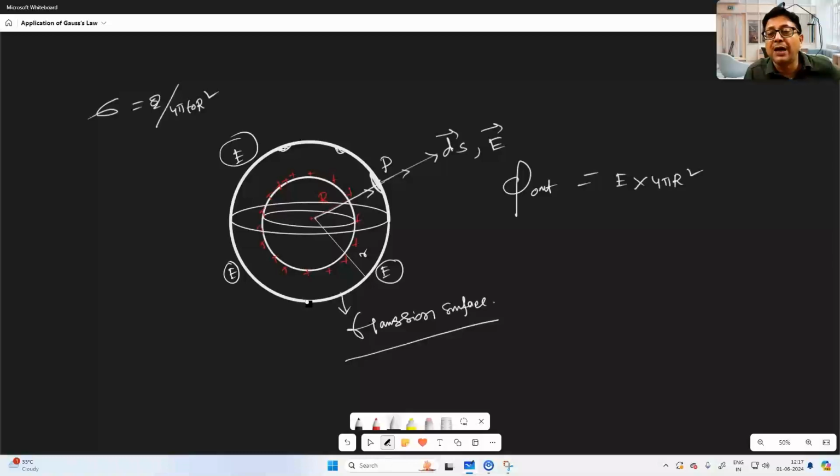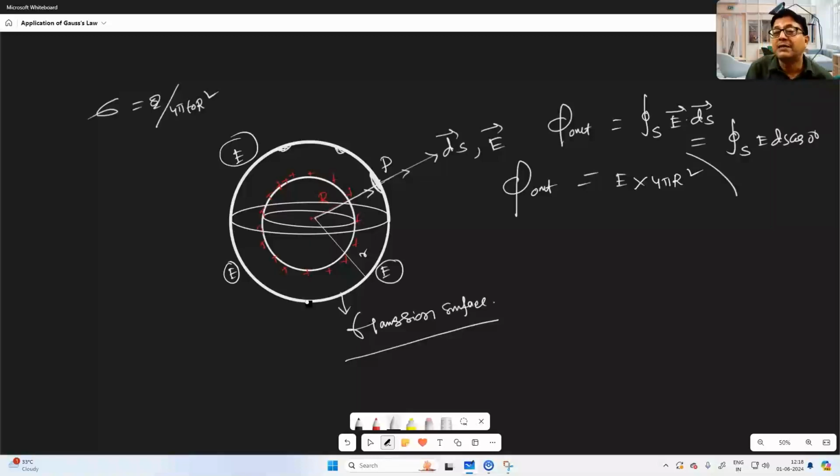If you say that you'll calculate this by the surface integral, no problem, you do it. Be clear in your steps. It will be E dS cos 0 degrees, with the angle between E and dS, as I have already explained, equal to 0 degrees. So E will come out, and S is given by 4 pi r square.